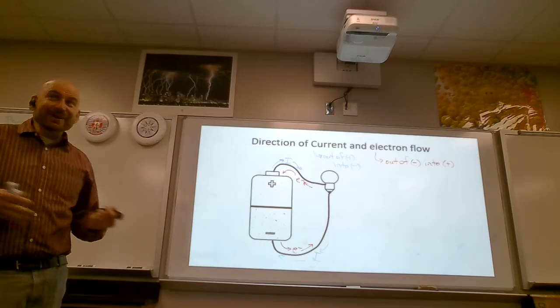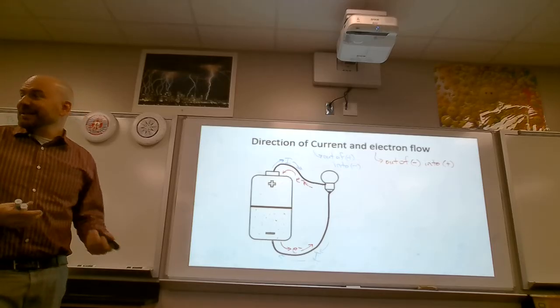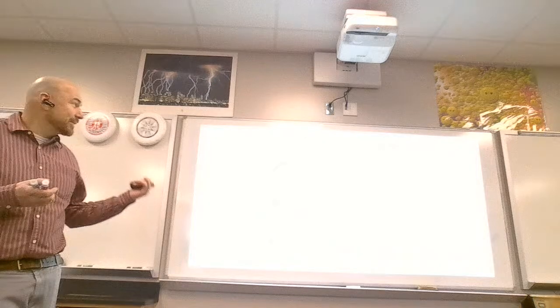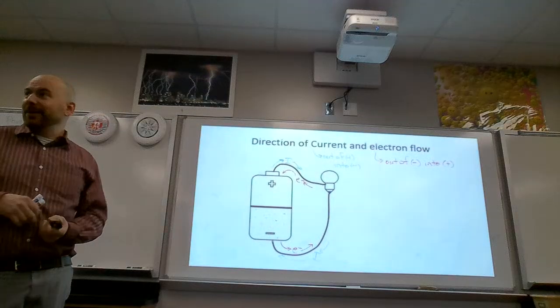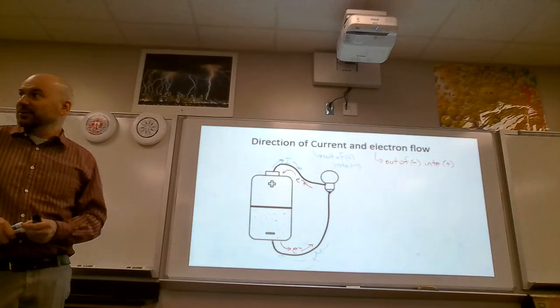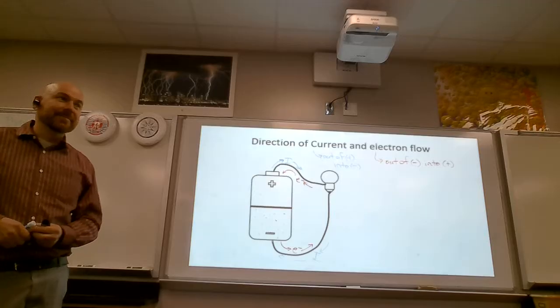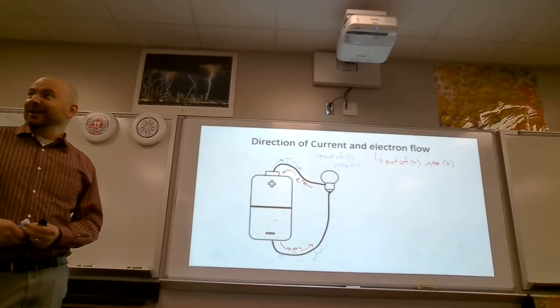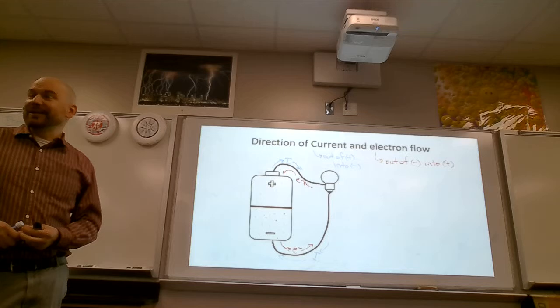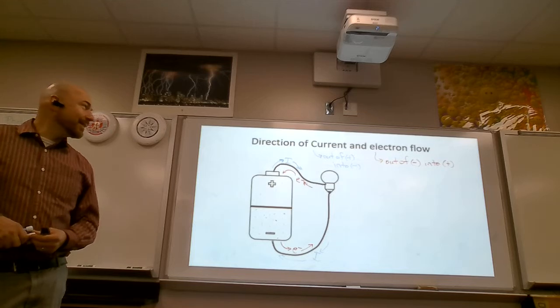And so we just continue on with this idea that positive things are flowing, but nothing actually goes in that direction. It's only electrons going out of negative into positive. But we say that they're positive. And so you guys get the short end of the stick of having to deal with this.